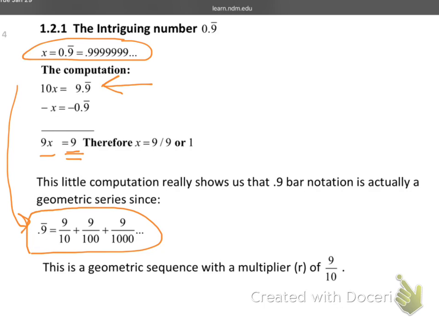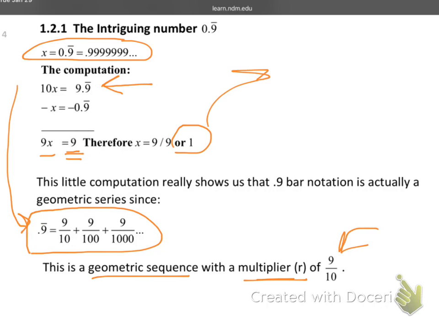So what does my x actually equal? Divide both sides by 9, and I find that my x actually equals 9 over 9, or 1. So when you think about 0.9 with bar notation as a geometric series, and it's a summation of this geometric series, then you can see that your number converges on 1. Alright, so this was a geometric sequence with a multiplier of 9/10. So that's what was happening there.